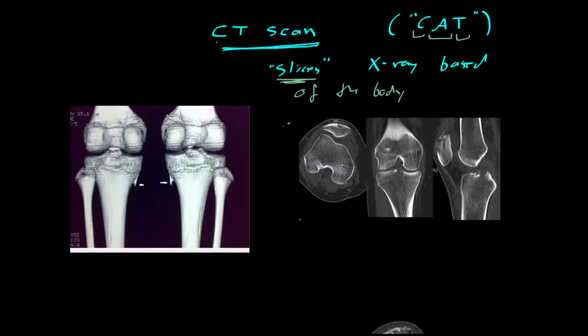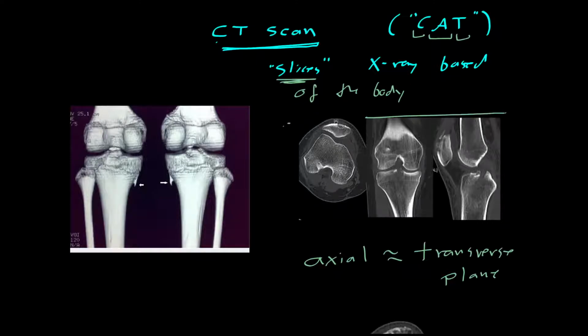You might remember axial. That's sort of the medical imaging equivalent to transverse plane. So back in the day, you could only take transverse plane slices of the body. Today, you can take CT scan slices of the body however you want.